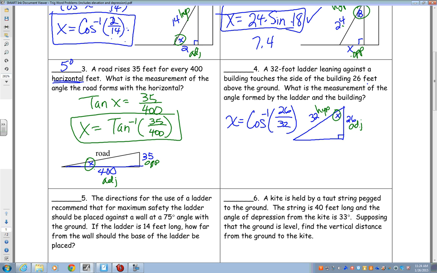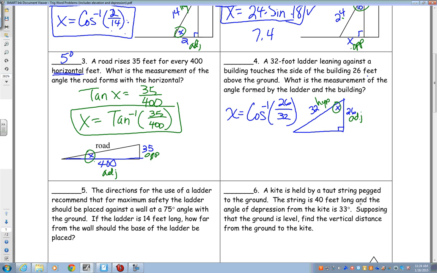You have to show the inverse. All right, so we round to what on this problem? Nearest degree, so what will we get? 36. Okay, 36 degrees.